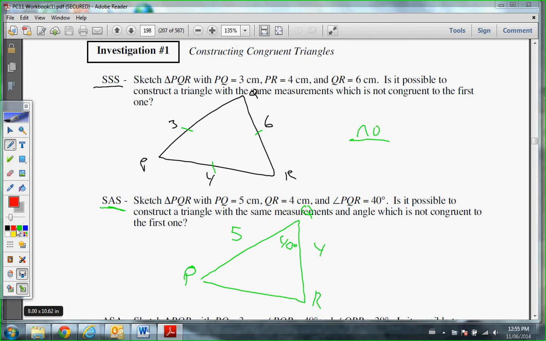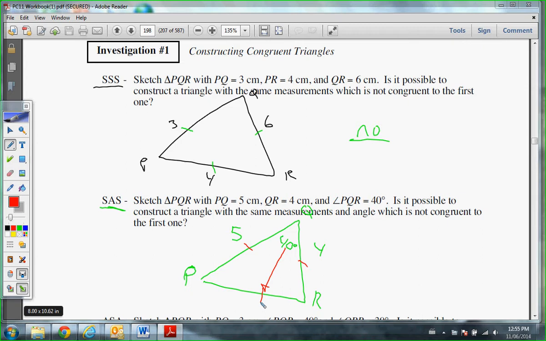The first one had 3 sides locked in because it gave us 3 sides. This one gives us 2 sides, but an angle that makes a third side. So now, again, we have 3 things locked in. And by 3 things I mean 3 things that are not related. 40 is not related to the 4 or the 5, right?